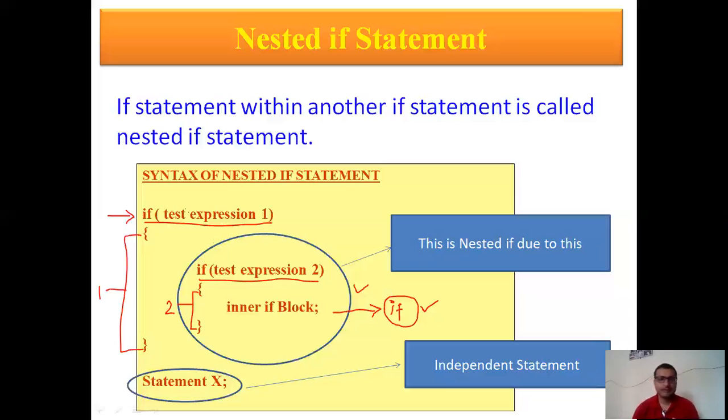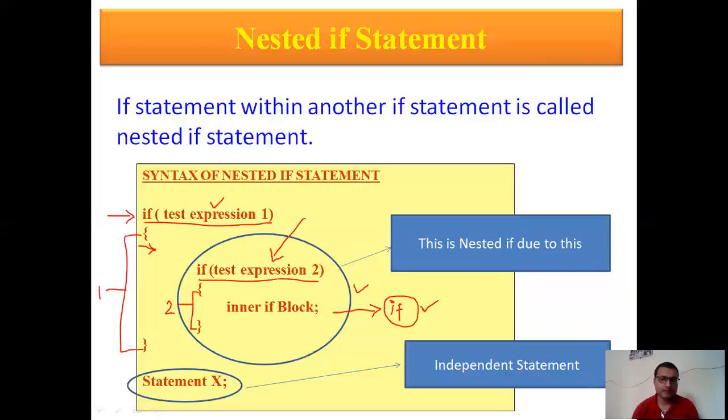So how is the execution going to take place? First of all, we have this test expression 1. So obviously this would be evaluated, right? Now, if this test expression is true, then obviously control will go inside this block. Control will come here, and then again there is a new if, and we have test expression 2 or test condition 2.